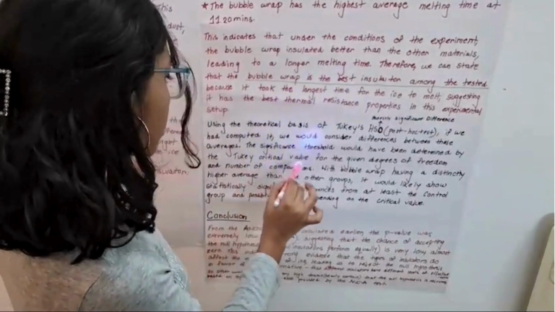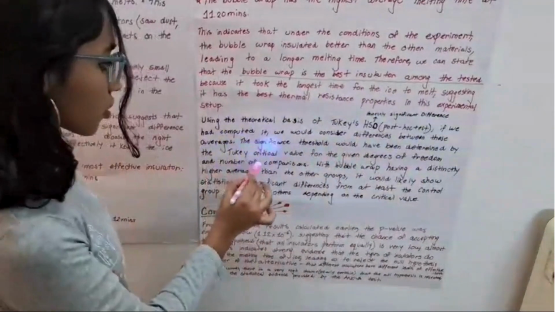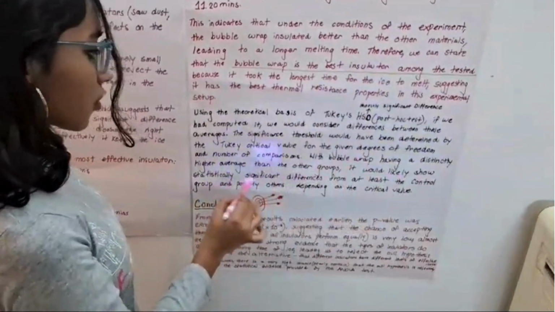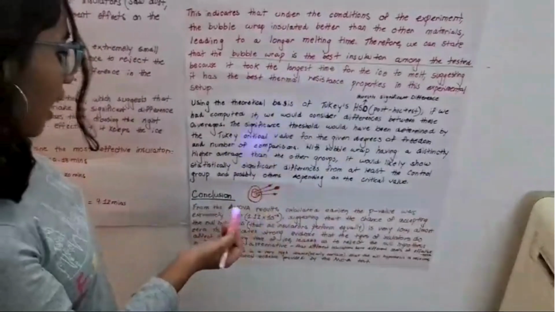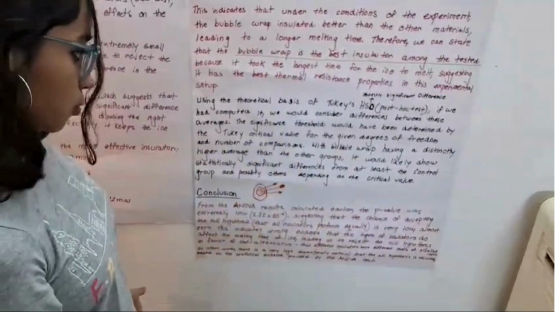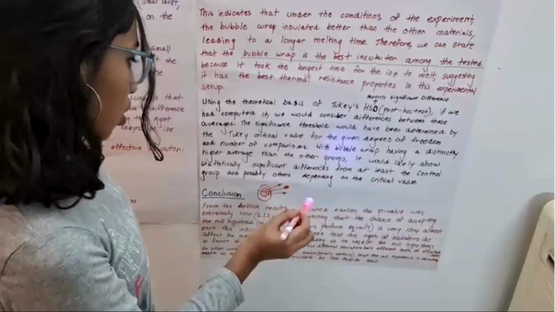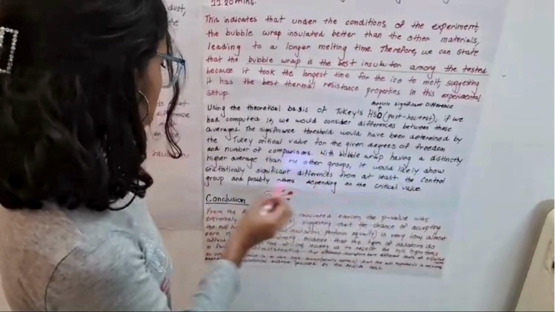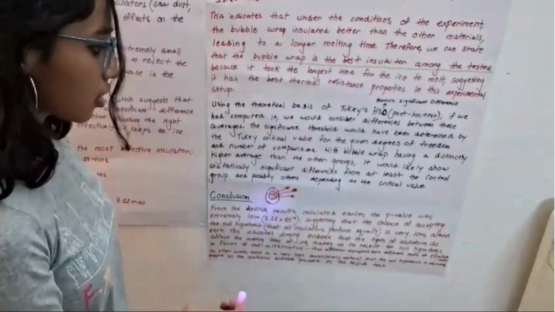The significance threshold would have been determined by the Tukey critical value for the given degrees of freedom and number of comparisons, with bubble wrap having a distinctly higher average than all the other groups. It would likely show statistically significant differences from at least the control group and possibly others also, depending on the critical value.